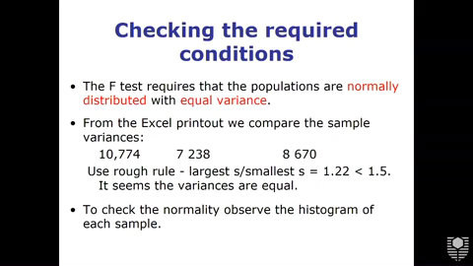Less than 1.5, right? To check the normality, you have to go to histogram. Because the output will give us variance, but in fact, we need to see S, the sample standard deviation, S. Right?